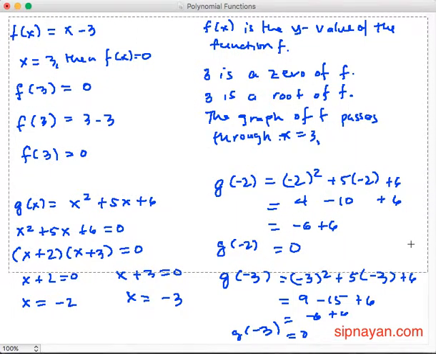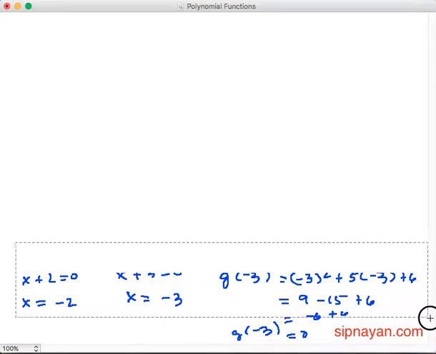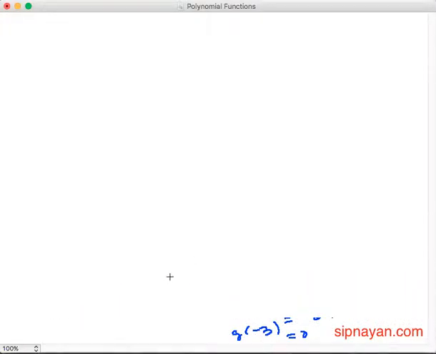Okay? So, pag polynomial function, medyo mahirap na siyang i-factor, no? For example, h of x equals x cubed plus x squared plus x minus 1.